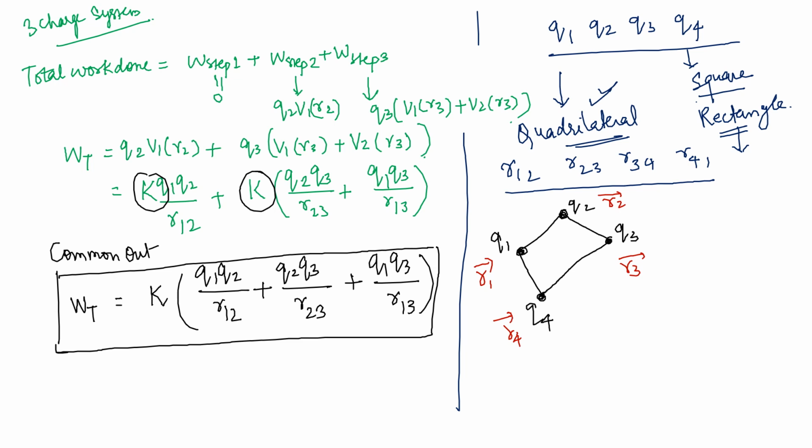Now we'll go step by step. Our step 1 is to bring charge q1 from infinity to the r1 position, and the potential created is equal to kq1 upon r1 from infinity, and work done in doing so is 0. So this is our equation 1. Now we have step 2.